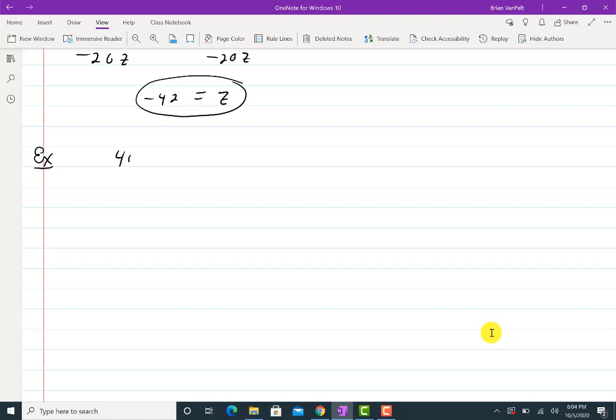Next we have 4w over 9 plus 1/3 equals 4w over 3 minus 7/9. Here, the LCD is simple. It's just 9. Notice that all those denominators do go into 9. But you'll have to multiply it to 4 different pieces.